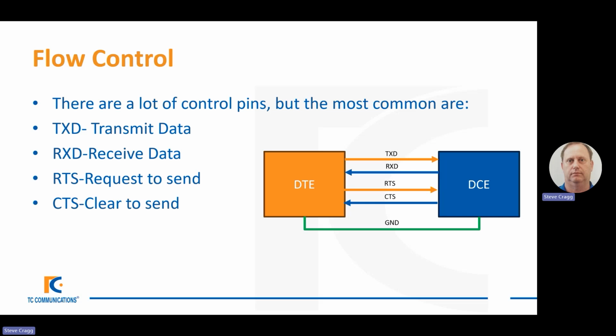It's very common to just tie RTS and CTS to a high voltage to indicate that you may transmit at any given time and the receiving unit will receive it. But this is the essence of flow control. This would make up about 99% of all flow control.